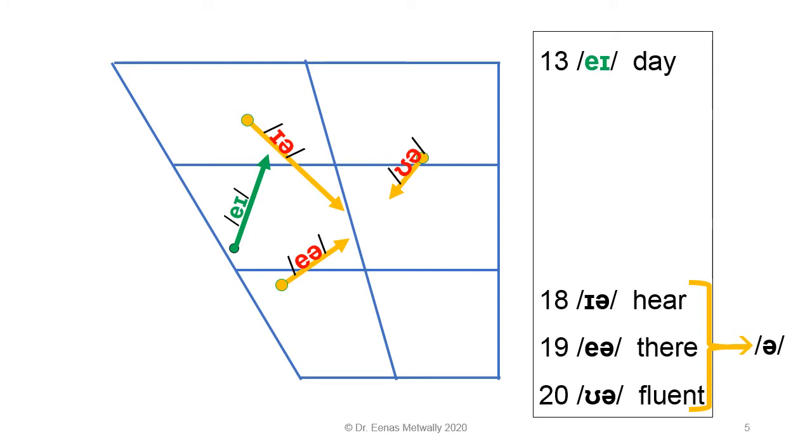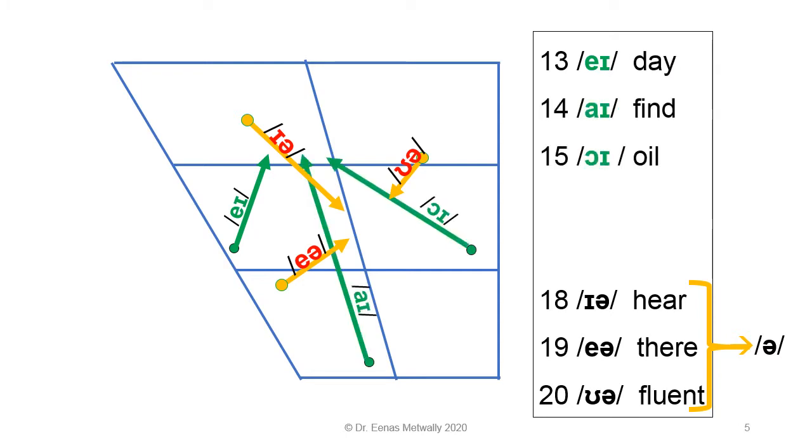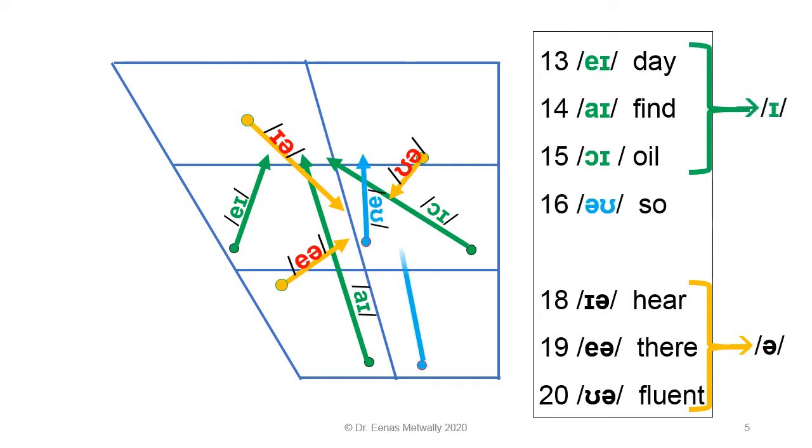So we have a, I, and oi, which all glide towards the I, a closer vowel. Note the direction of the arrow. And we have 2 diphthongs that glide towards the u, again a closer vowel. We have o and ow, again gliding towards the u.